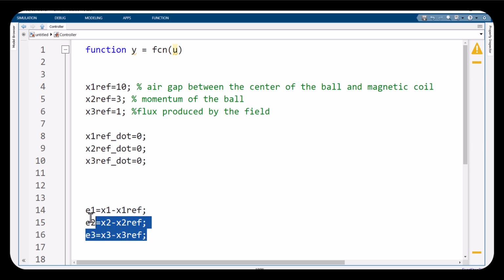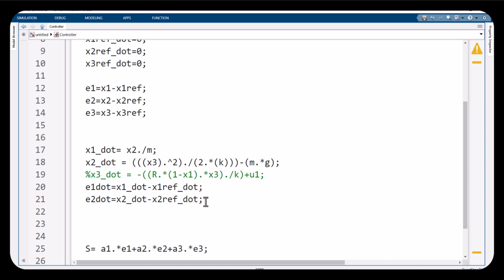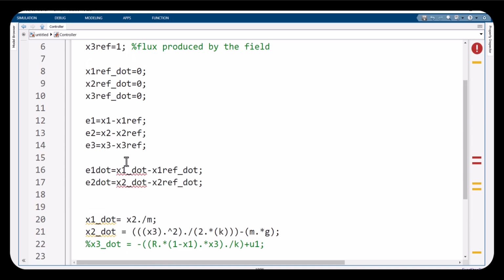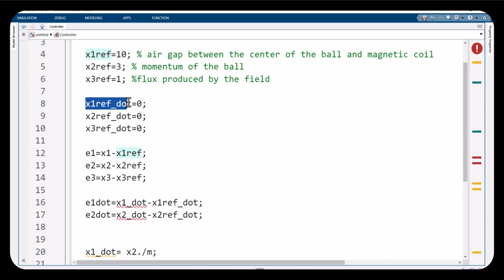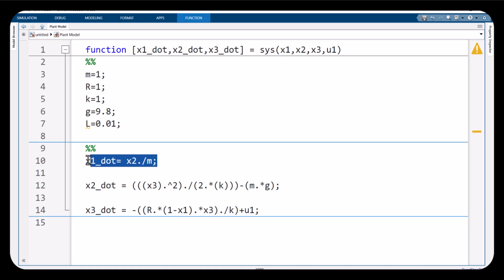So we define three errors for the three corresponding states, and then we define the dots of these errors, because these will be used at some point. The dots of these errors would be x1 dot minus x1 reference dot. We just defined this x1 reference dot, so we'll take that variable. And where will we get this x1 dot? We defined this x1 dot originally in the plant.